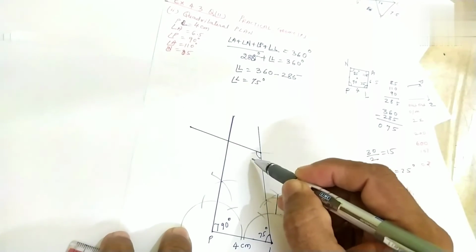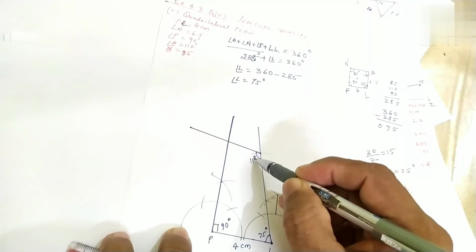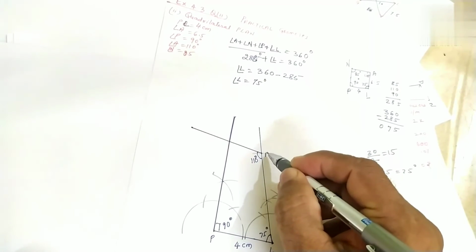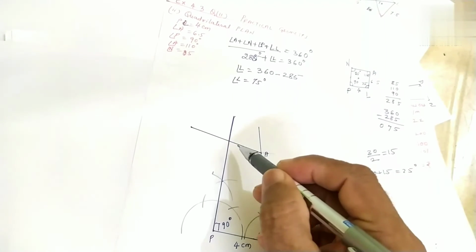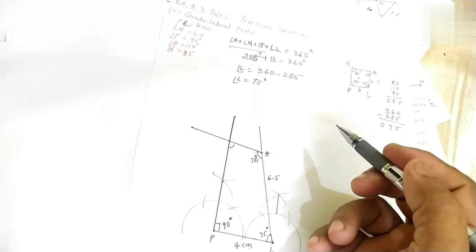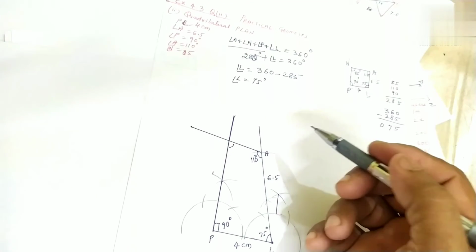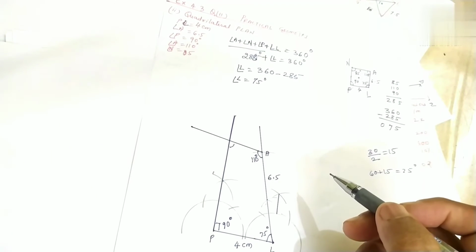So this is 110 degrees. So this is point A, this is 6.5 centimeters, and it indirectly comes here, that is 85 degrees. So this is the required construction.